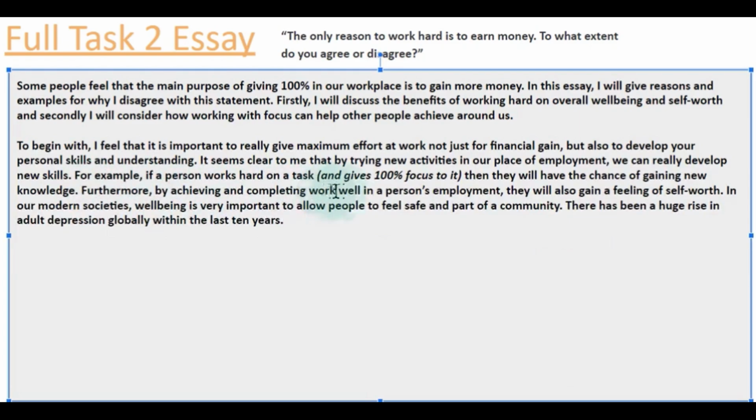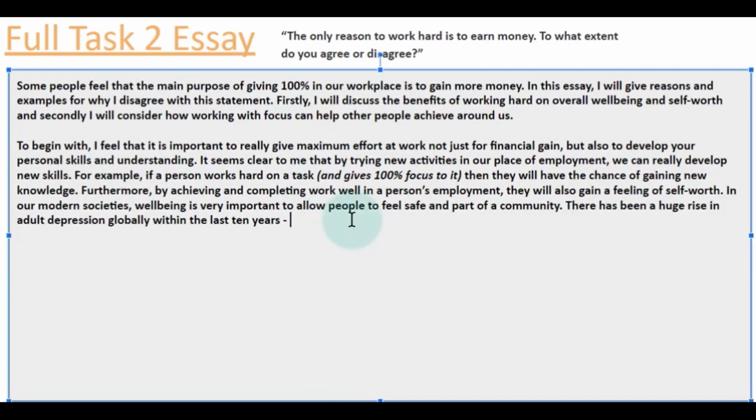Furthermore, by achieving and completing work well in a person's employment, they can gain a feeling of self-worth. In our modern societies, well-being is very important to allow people to feel safe and part of a community. There has been a huge rise in adult depression globally within the last 10 years.